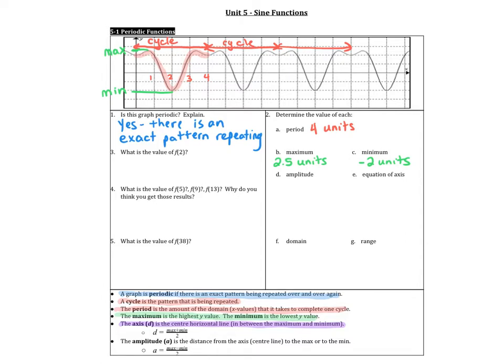So the formula to find the axis is max plus min divided by 2. Now this value is sometimes called the D value.